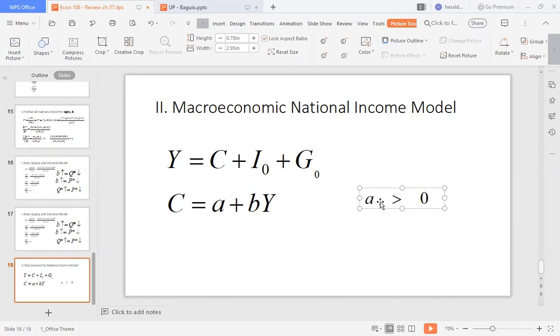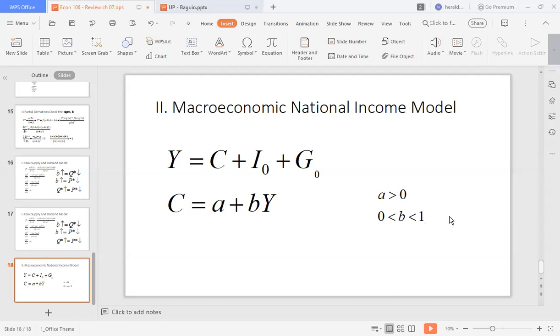And let's restrict our b here to 0 less than b less than 1. So this would be our restrictions class on the side.